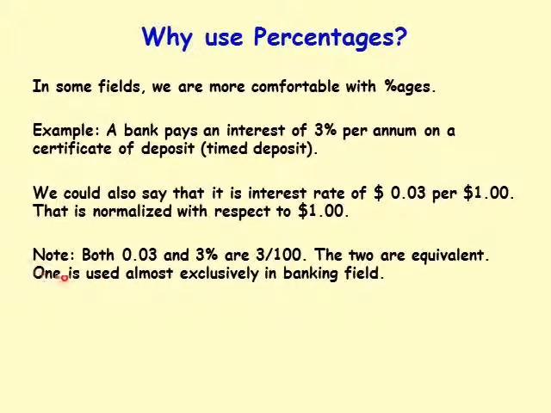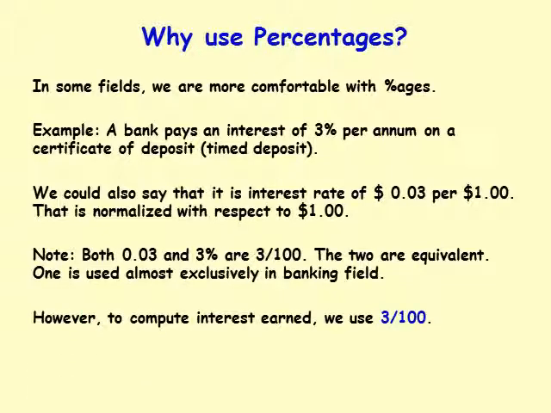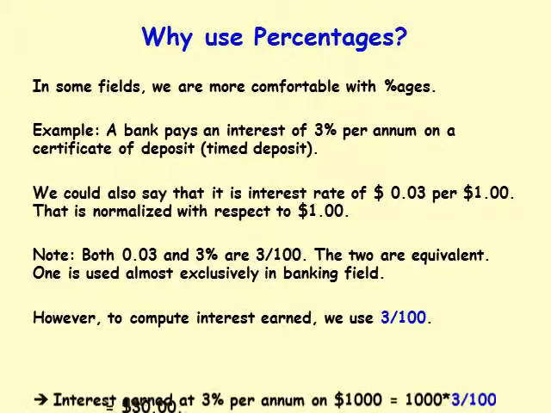One is used almost exclusively in the banking field. We feel more comfortable in the banking field expressing interest in terms of percentages. However, to compute earned interest, we use 3 divided by 100. We don't usually use the percent form directly. Instead, we use the form 3 divided by 100.